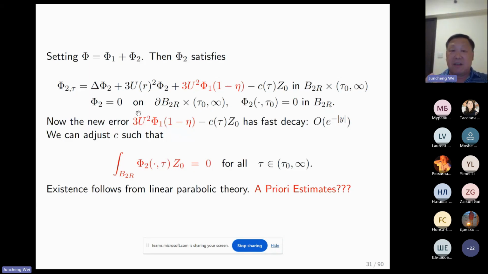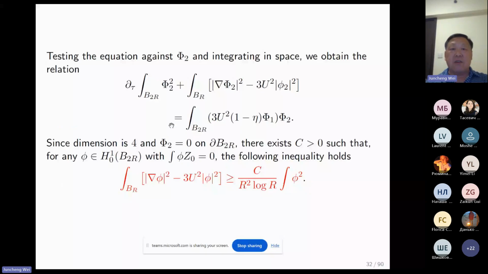And the problem is what is the a priori estimate for the solution. If we do the energy method, as in the parabolic case, we multiply both sides by phi, and we get this and this and this. Now, the problem is this quadratic form here.